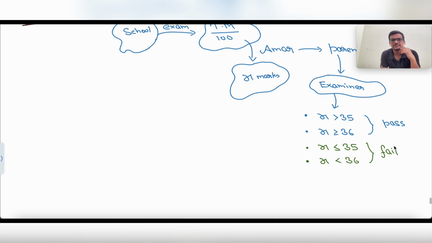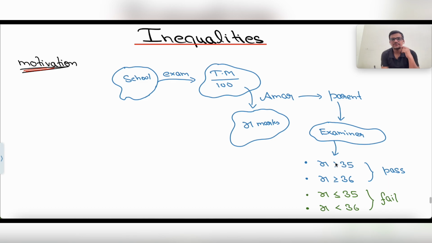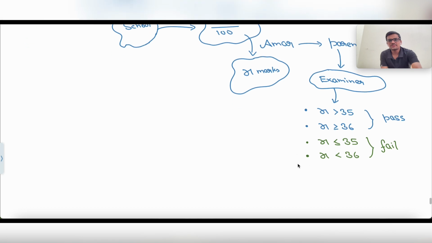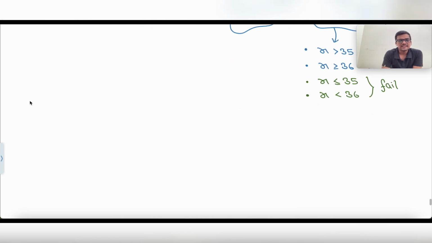So this is the scenario when Amar's parent went to the examiner. He said that if your son's marks is greater than 35 or greater than or equal to 36, then your son passes. Then he realized that if his son's marks is less than or equal to 35 or less than 36, then his son failed the exam.